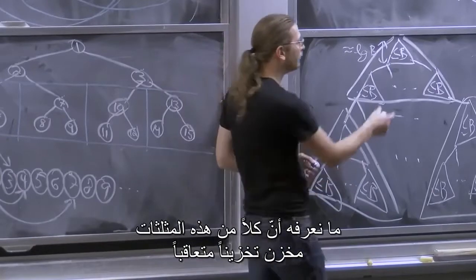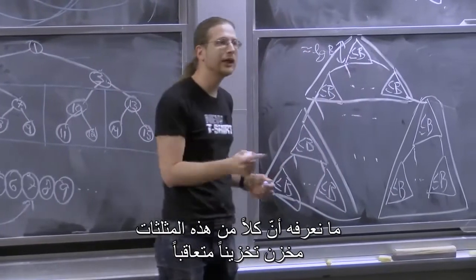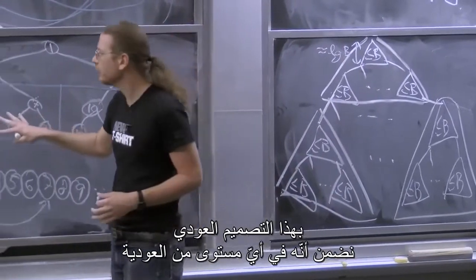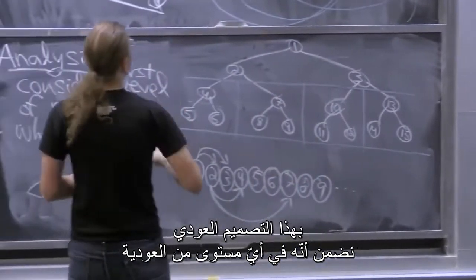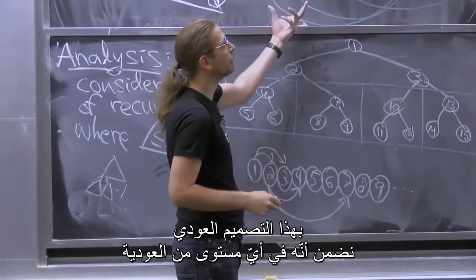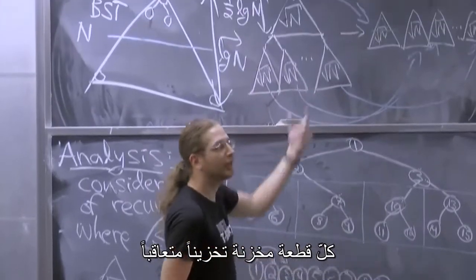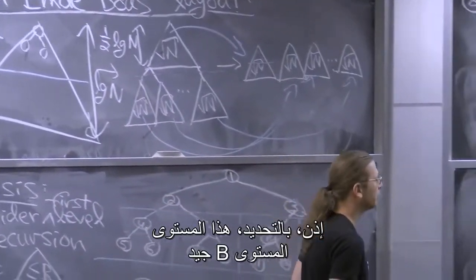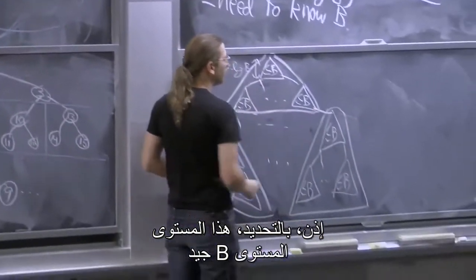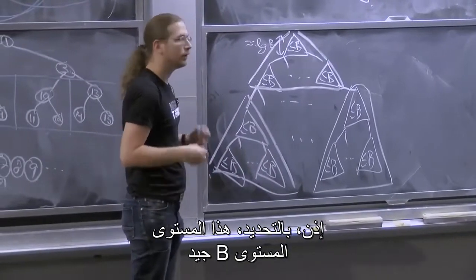What we know is that each of these triangles is stored consecutively. By this recursive layout, we guarantee that at any level of recursion, each chunk is stored consecutively. So, in particular, this level B is nice.